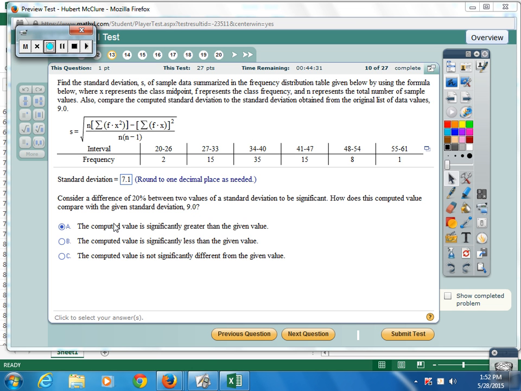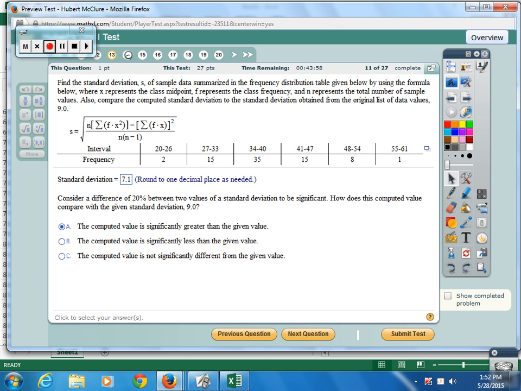Because it says, consider a difference of 20% between two values of a standard deviation to be significant. How does this computed value compare with the given standard? 9.0. We'll go with A. I won't finish the test.